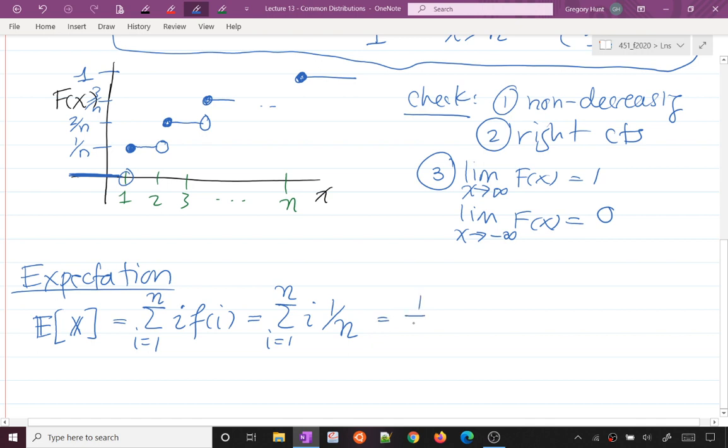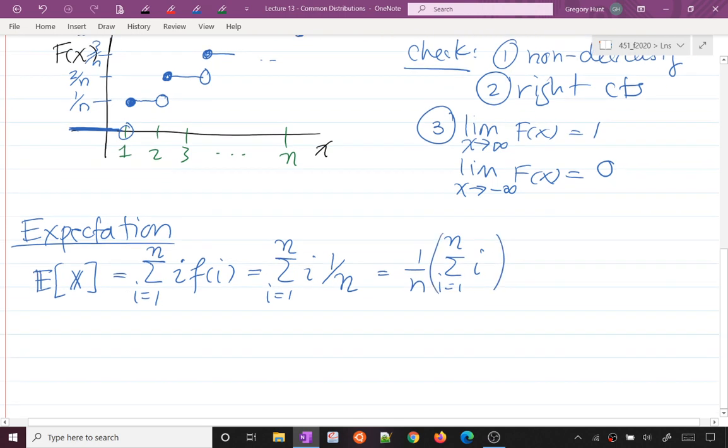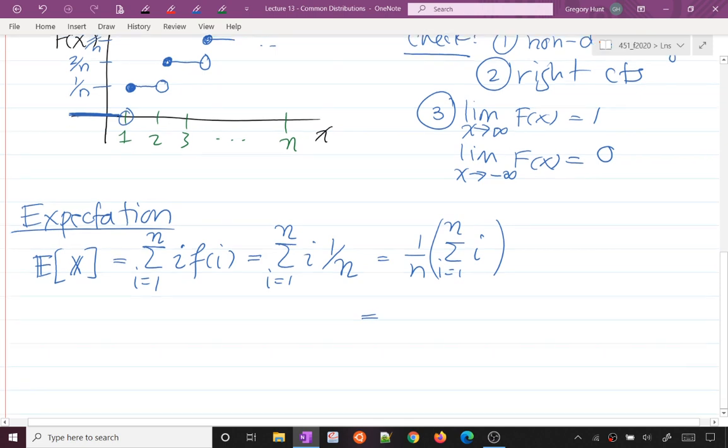And so this is 1 over n times the sum of the integers between 1 and n, right? And there's a formula for this. I'm not going to derive the formula, but it's a formula that you can look up. I wouldn't expect you to memorize it, but the sum of the integers from 1 to n is n times n plus 1 over 2. So this is a known formula.